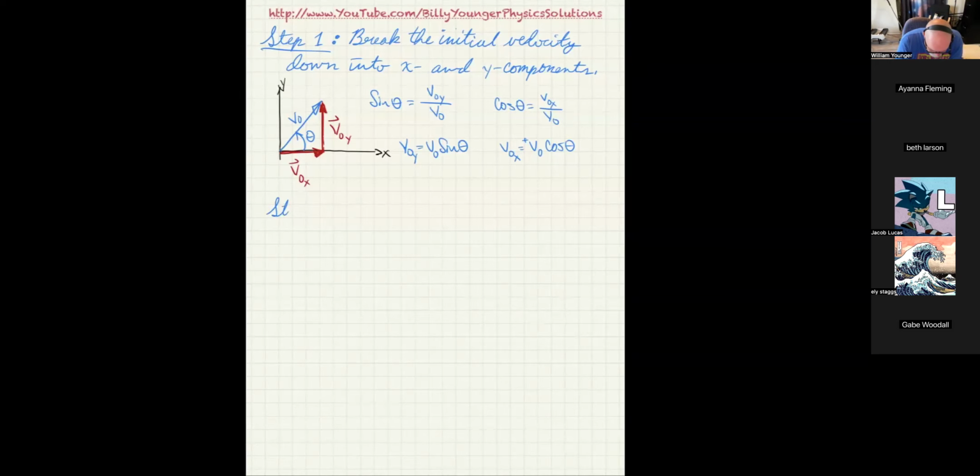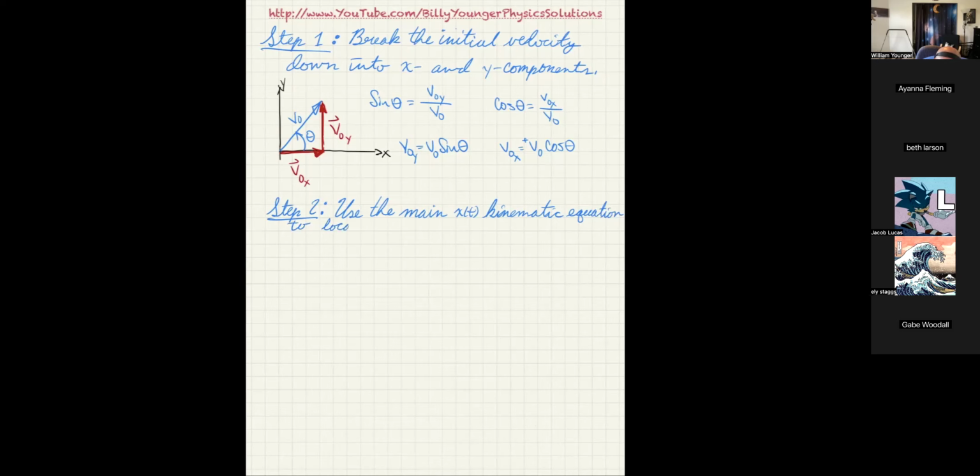Now, step 2, use the main x of t kinematic equation to locate y of t and x of t for the projectile at times t.